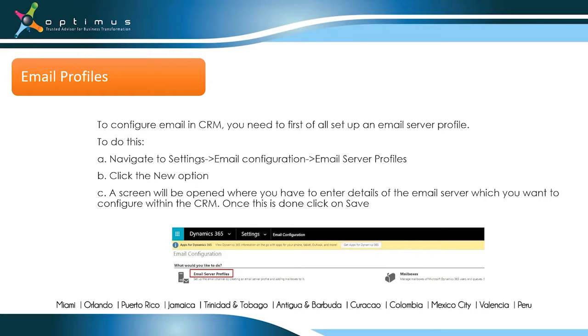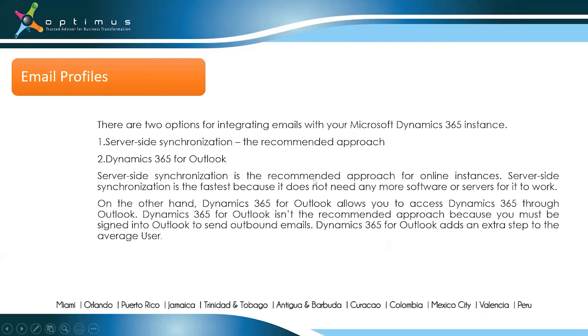So the CRM is going to configure the first profile by default, which is going to be Exchange Online. But if you have a different email provider or email service like Gmail, or a local email server, you could configure it as well. So let me show you how to do it.